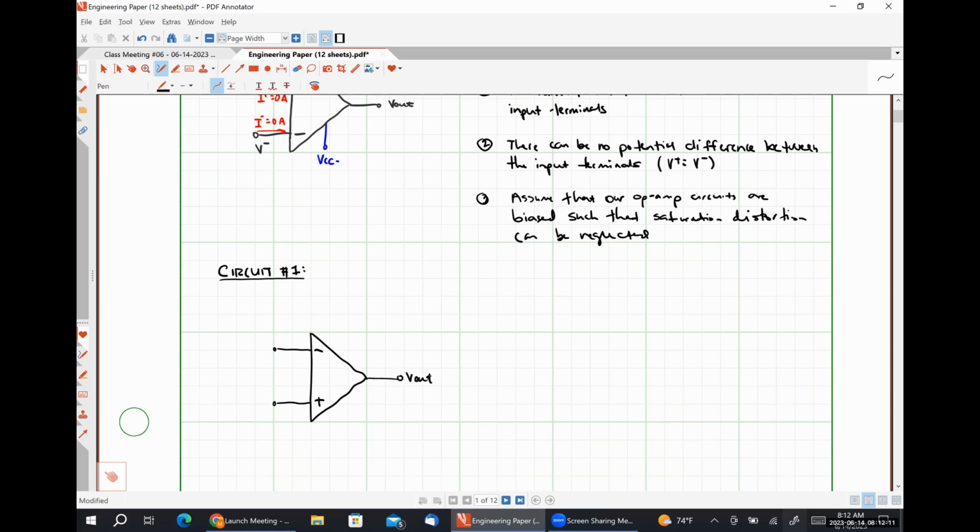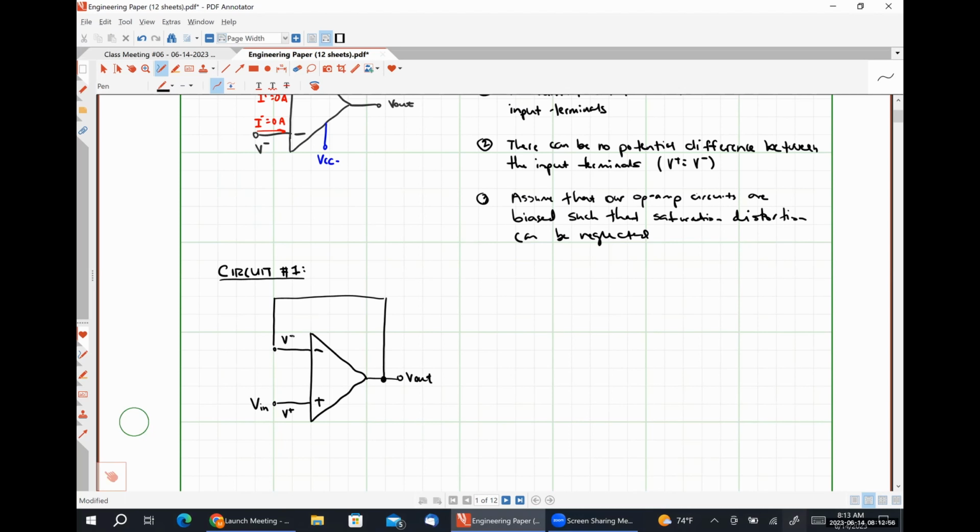And so what I'm going to do is I'm just going to tie my inverting input terminal to my output terminal using a wire. And then I'm going to apply my input voltage here at the non-inverting input terminal. So let me just label a couple of things here really quickly. This is V plus, this is V minus. Our voltage present at the non-inverting input and the voltage present at the inverting input respectively.